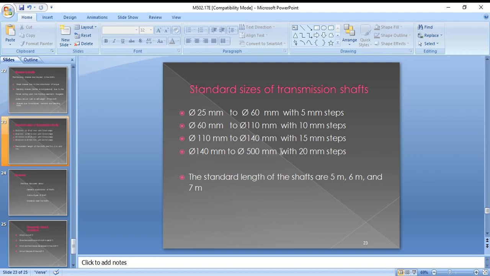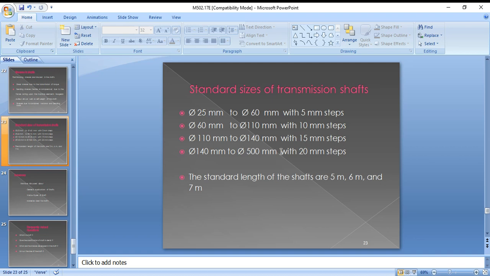In the same way, for transporting we use lorries or trains, so we cannot carry a very long shaft. That's why there is a limit on the shaft length of 5, 6 and 7 meters. 7 meters is the maximum limit for the length.